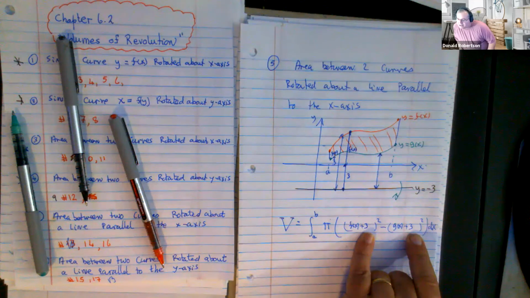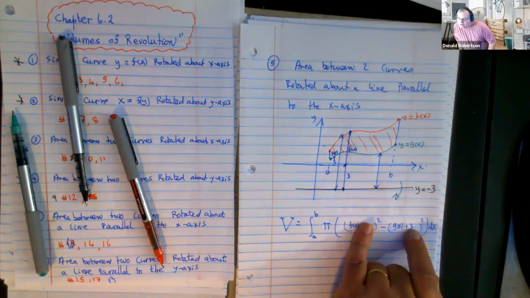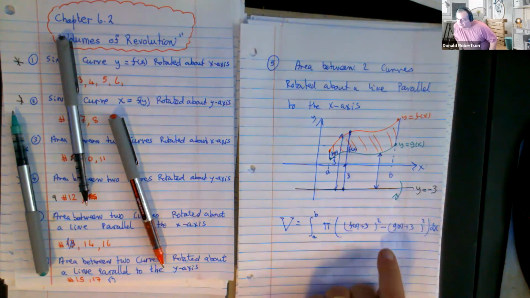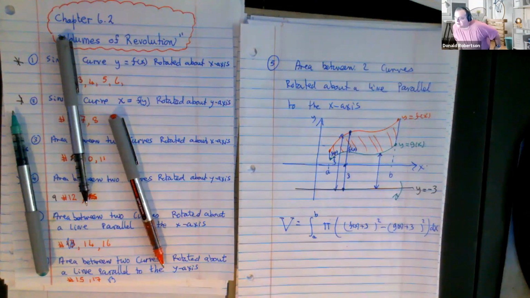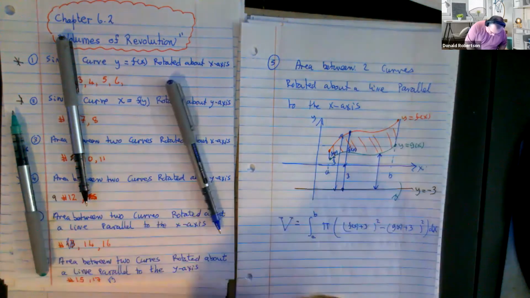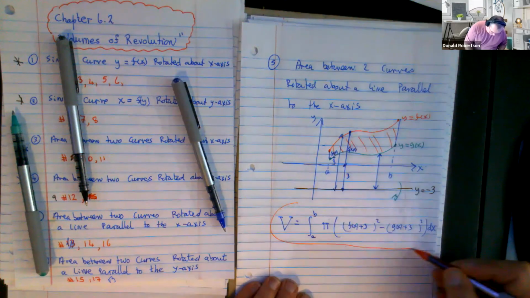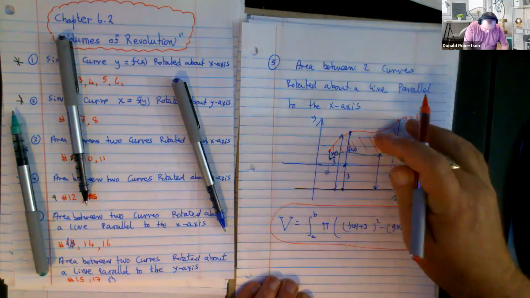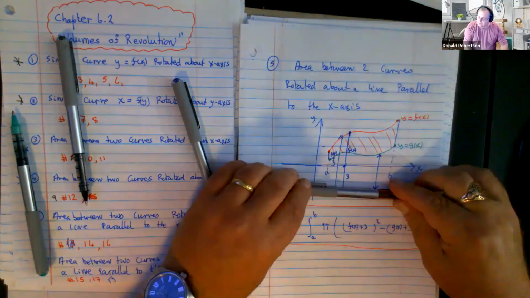Now, if it was y equals 0, isn't that the x-axis? And if it was y equals 0, don't you get back to the usual formula? So isn't the x-axis just a special case of this formula? Now, that's basically it. That's how you will rotate an area between two lines when the guy's down here, right?